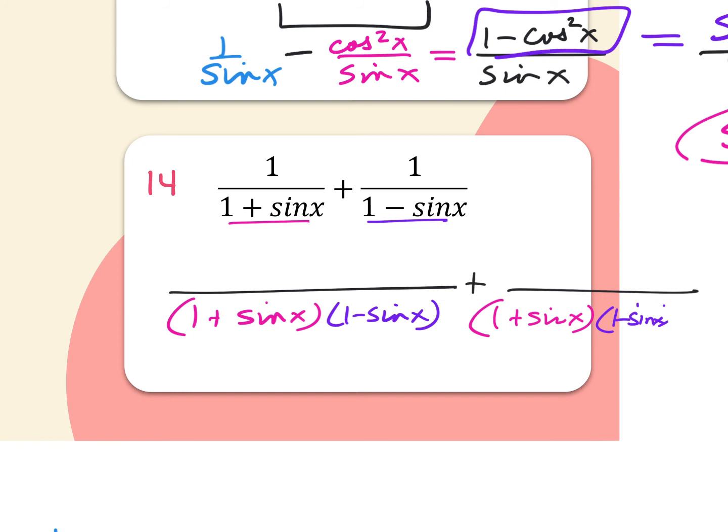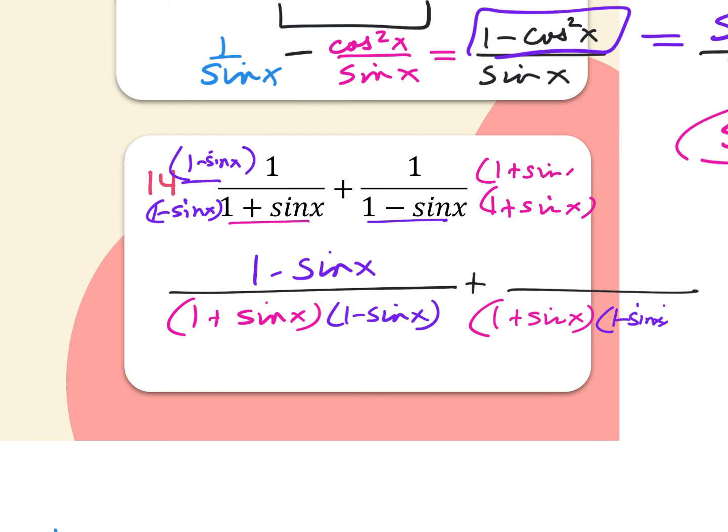So whatever you're going to multiply to the bottom, do to the top. So 1 times anything is just itself. So this will just become 1 minus sine x on the top. Same thing over here. This one's missing the 1 plus sine x. And again, 1 times anything is just itself, so 1 plus sine x.